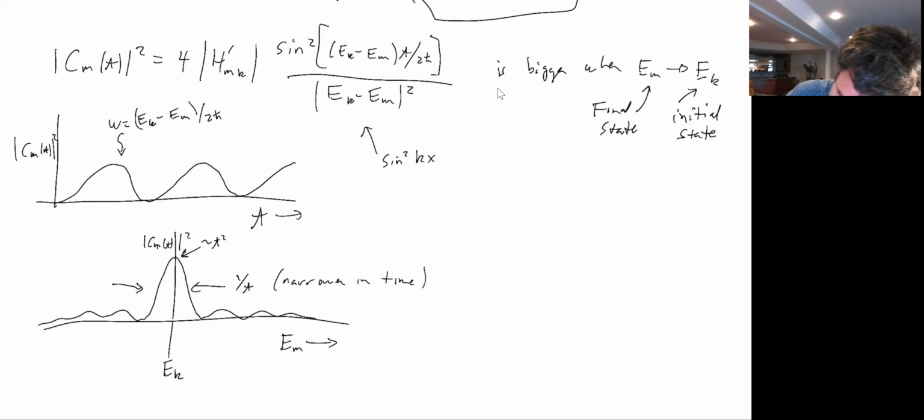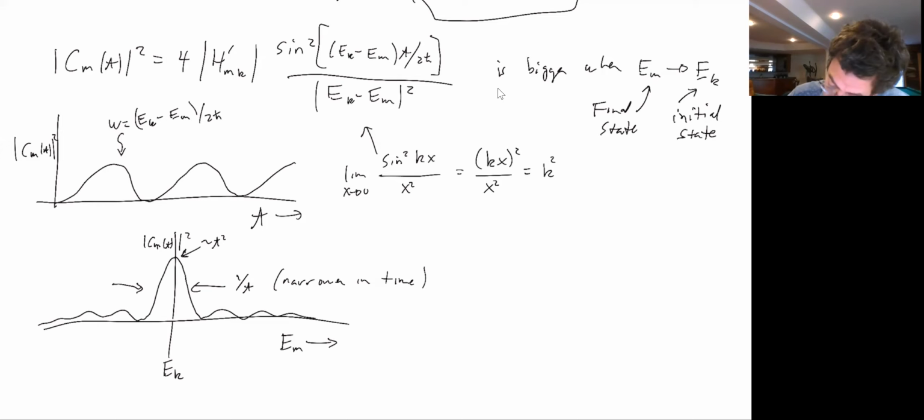If I just do it like this, sine squared kx over x squared, then the limit as x goes to 0 is going to be, on top, kx squared, and on bottom x squared, and so that's going to be k squared.